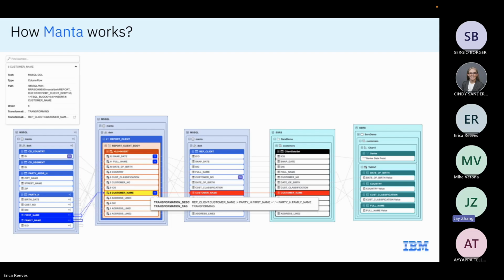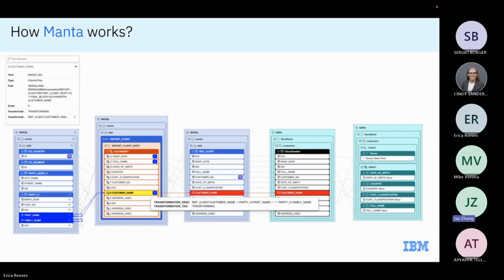Keep in mind, unlike a database, Manta only captures the metadata and never captures the data itself. So when we talk about data lineage from a Manta perspective, we are only talking about capturing the metadata, not the real data set.